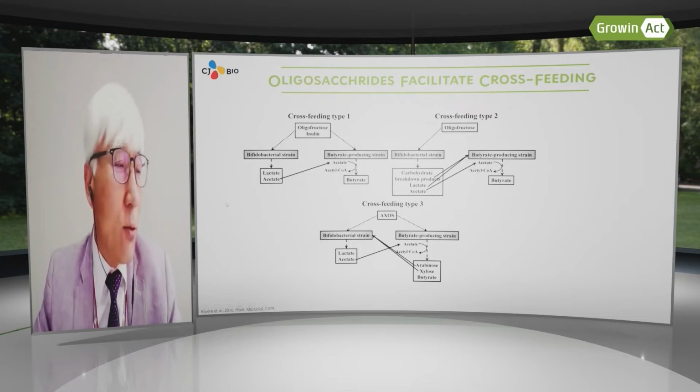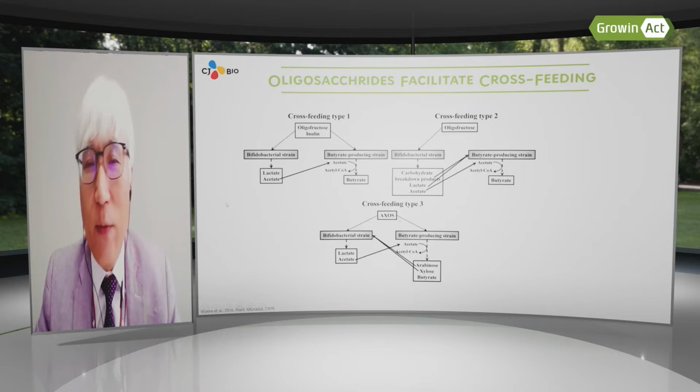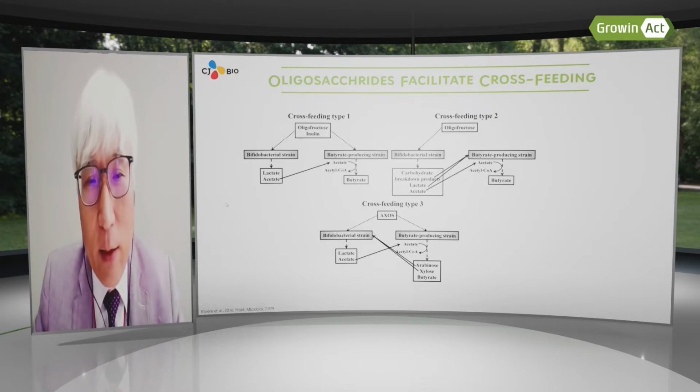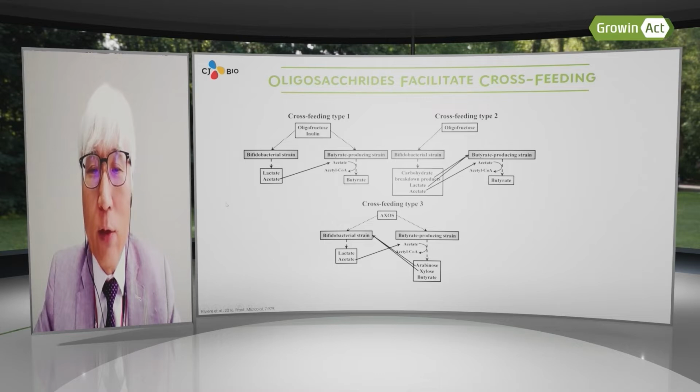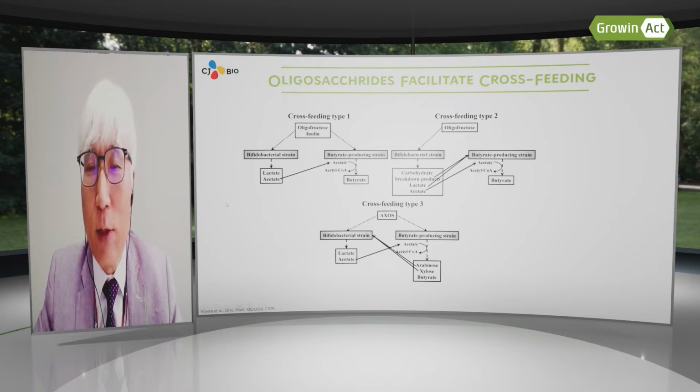But if you look at XOS, arabinoxylo-oligosaccharide, it is actually giving a multiple cross-feeding mechanism. Arabinoxylo-oligosaccharide feeds bifidobacterial strains, and they produce lactate and acetate that are utilized by butyrate-producing strains. They need this strain to effectively utilize fiber.